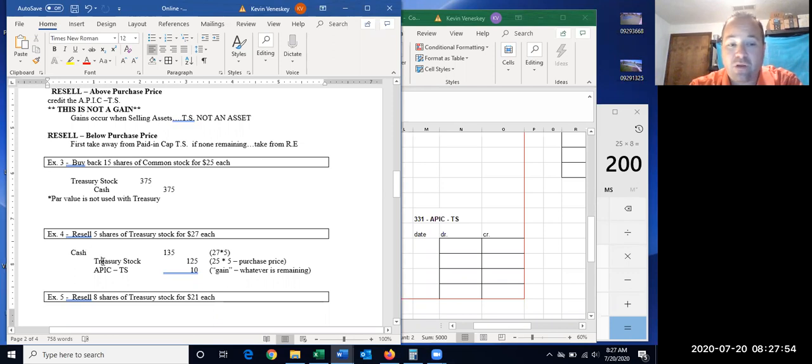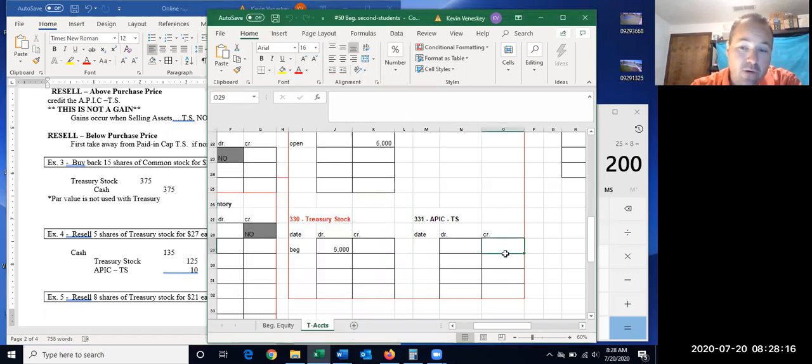And then I'm getting rid of the treasury at what I bought it for, the 25. So the 25 times the 5 shares is what I'm getting rid of. So I'm getting rid of $125 of treasury. The rest is that gain that I made. I made $2 a share and I sold 5 shares, so it's 10 bucks. So I would have 10 bucks over here in my additional paid-in capital treasury, which is like our gain account.